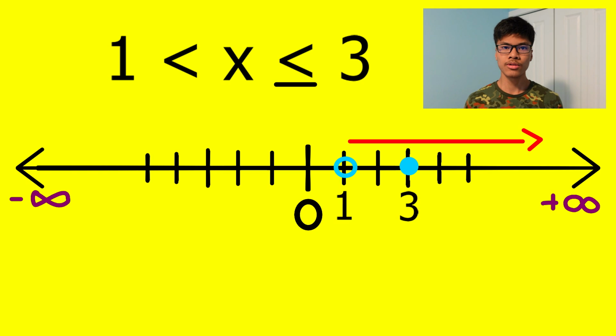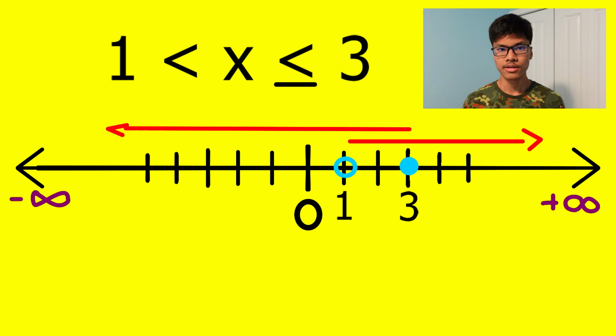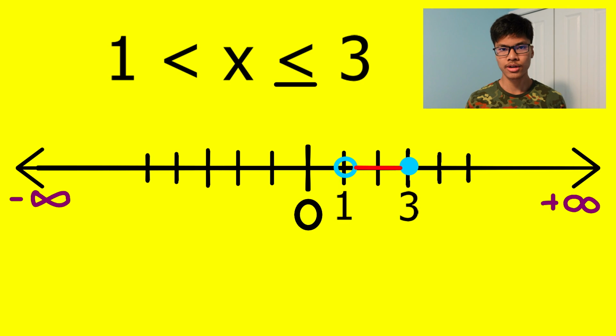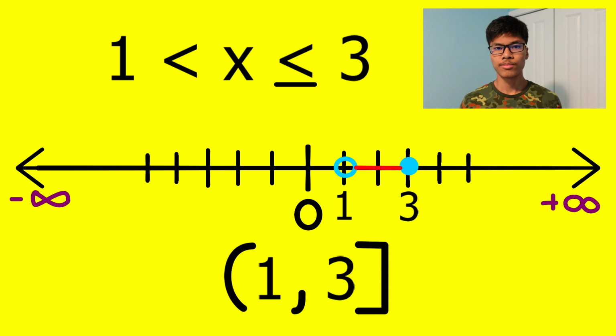And from the closed circle of number 3, we will shade all the way down to the left side to show that any number that is below 3 is the value of x. Since the shading will cross each other, we will just connect the two circles together. And to put it into interval notation form, parenthesis 1, comma, 3, close bracket, because the circle is closed.